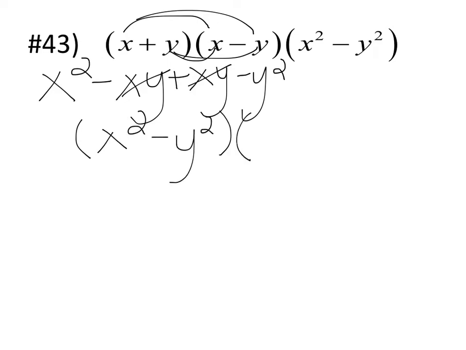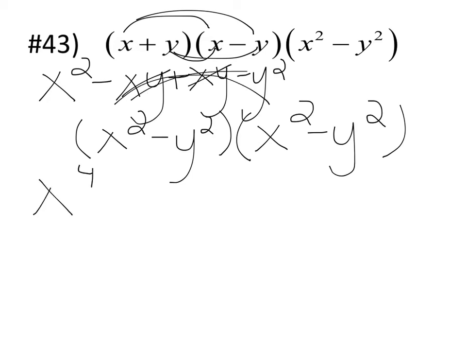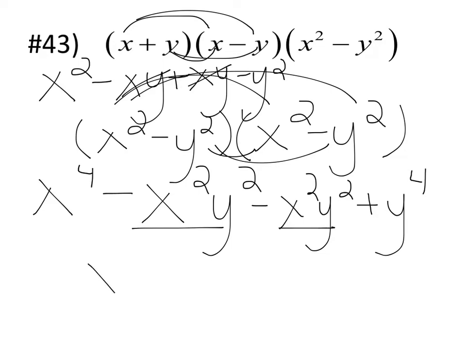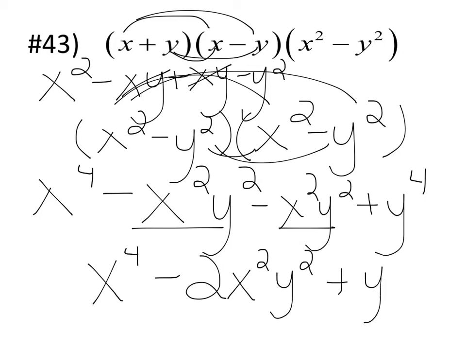And then you're just going to multiply it times this binomial here, which is what's left, x squared minus y squared. So you get x to the fourth minus x squared y squared minus x squared y squared plus y to the fourth. Combine your like terms, you get x to the fourth minus 2 x squared y squared plus y to the fourth.